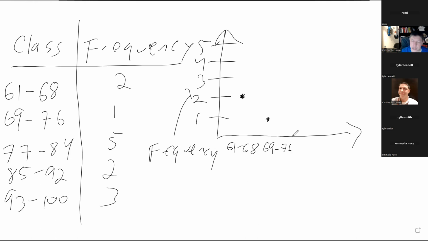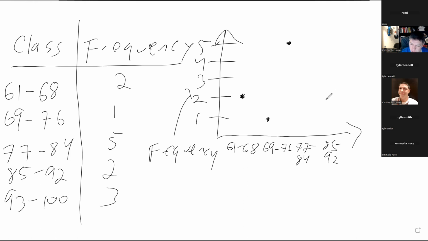And then we just keep doing that. We have 5 up here, and that was for our 77 to 84. I'm running out of room, obviously, so I'm just stacking these up. Then 85 to 92, and that's going to go for 2.